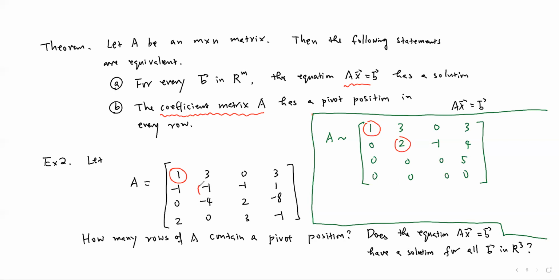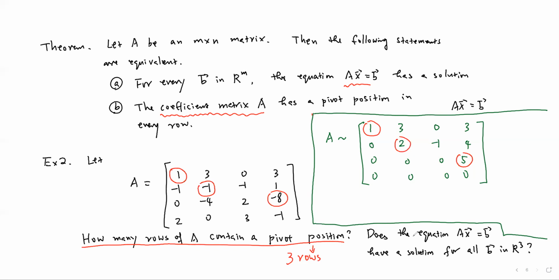And 3,4 is a pivot location. So the answer to the first question, how many rows contain a pivot position? The answer is 3 rows.